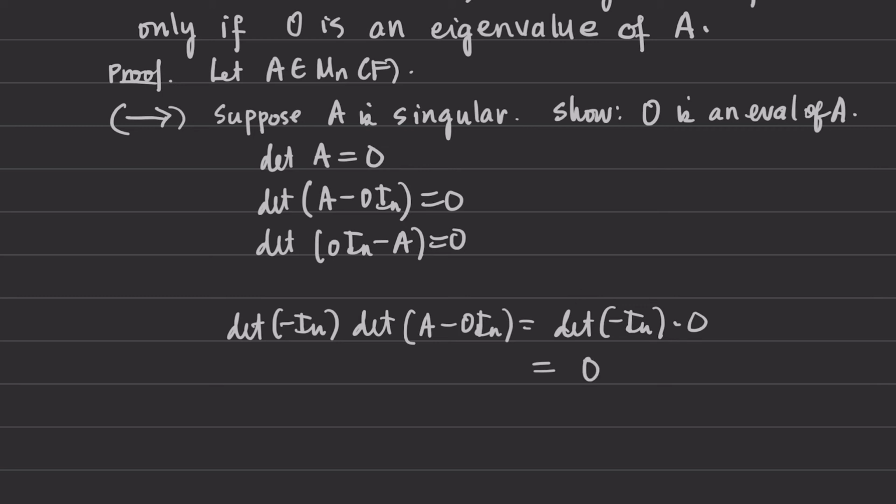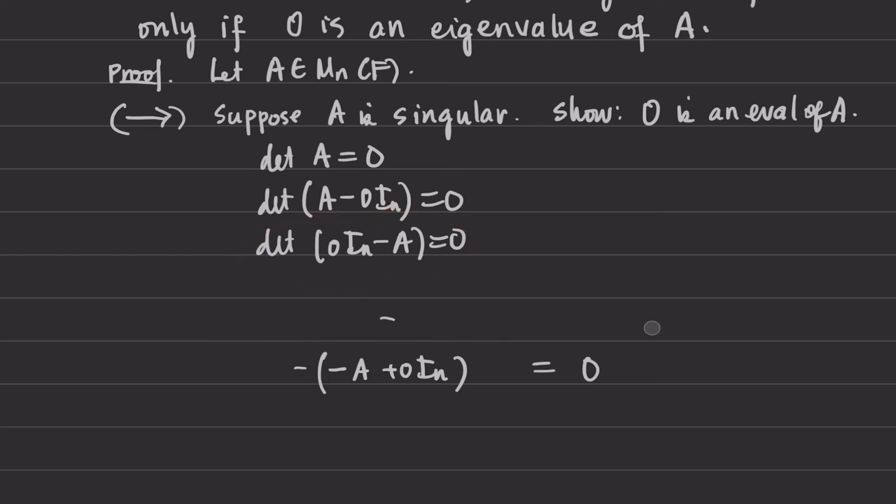Tapos dito, by the property of determinant, this is the same as determinant ng negative I times A minus negative I times 0I. Okay? So, addition of matrices is commutative.